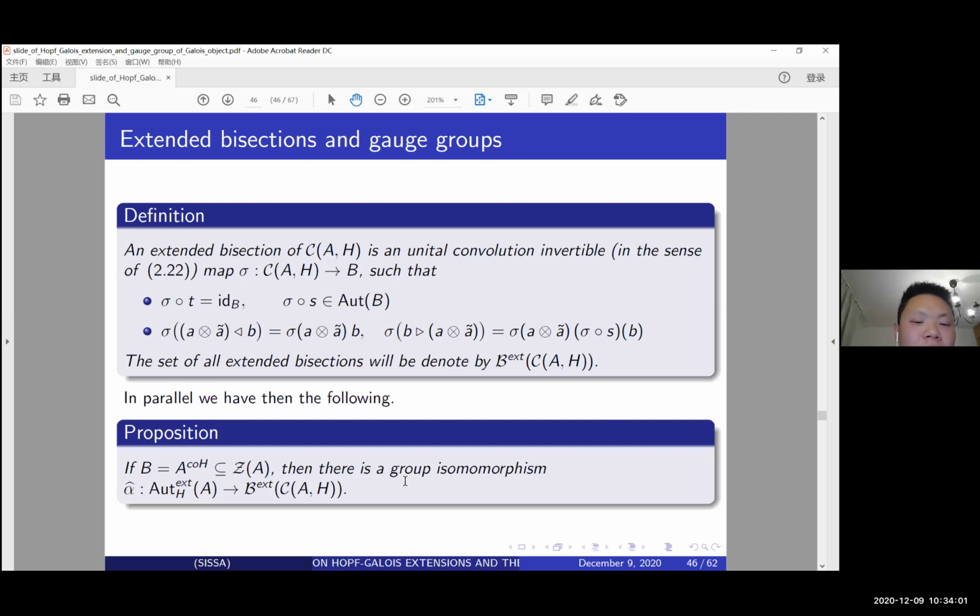No. If B is not in the center, we have a problem with the group structure, because you don't have the inverse element. Okay. Yeah. So if B is not central, then all you've got are just monoids. Yeah, semigroups with a neutral element, but they are not necessarily invertible. Okay.